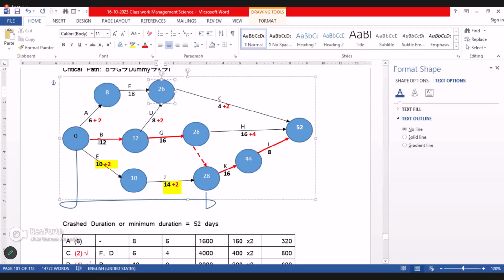So if you come this way, B 12, here 10, 22. No problem, right? So within this way, you can make it. So A 2 days is also possible.